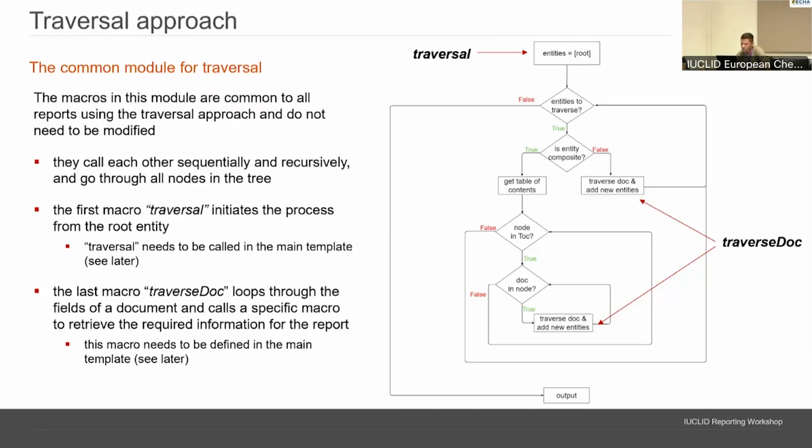For example, we'll call a macro to extract confidentiality claims for the confidentiality claims report, or literature references for the literature references reports, and so on. So to bear in mind these two things: the traversal needs to be called in the main template, and the traverse doc will call a macro that we will need to define also to extract the specific information.